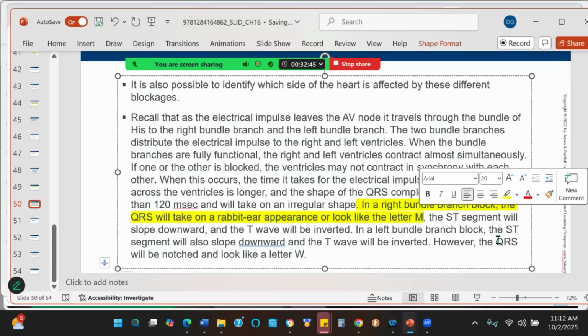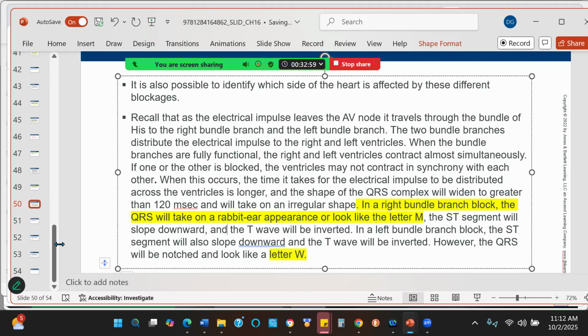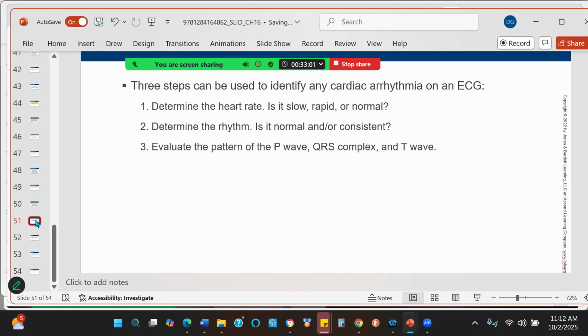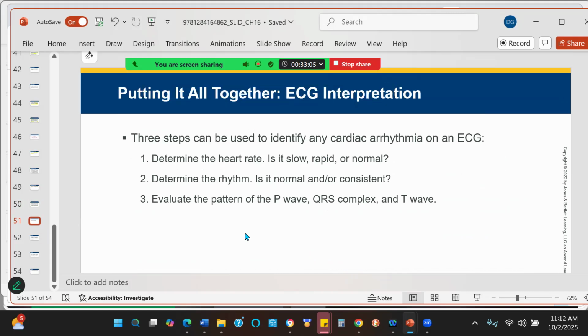I call it Bugs Bunny. BB for bundle branch, BB for Bugs Bunny, rabbit ears on the cardiac rhythm. So they do kind of look like an M or a W if the patient has a bundle branch block. And we can tell by which leads that's in as to, is that a right or a left bundle branch block?